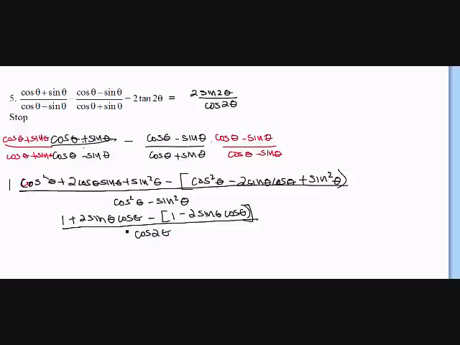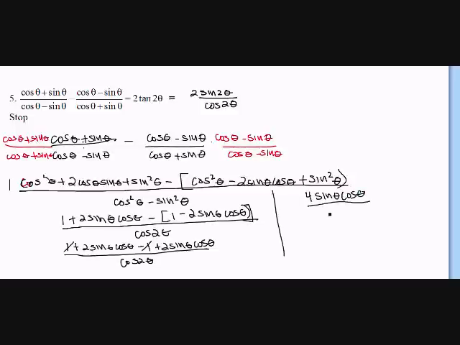So I now have, distributing this negative, 1 plus 2 sine theta cosine theta minus 1 plus 2 sine theta cosine theta all over cos 2 theta. These two ones cancel, and this becomes 4 sine theta cosine theta all over cosine 2 theta.